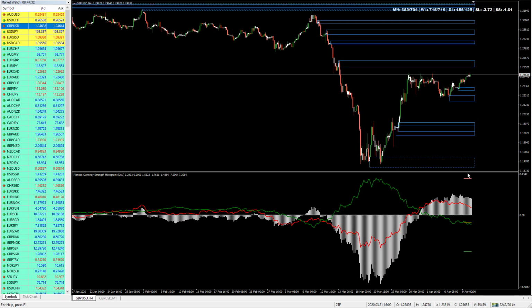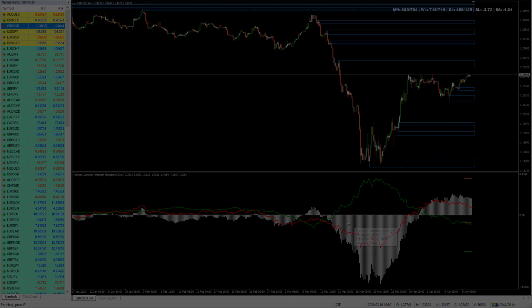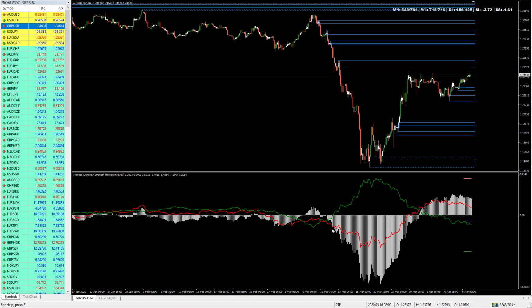I have to calculate an index for all of these, and then perform some calculations in order to extract the histogram, which you can see here, which is essentially simplified. It's the difference between the base currency and the cross currency. And then I'm just getting started with respect to this new indicator here.